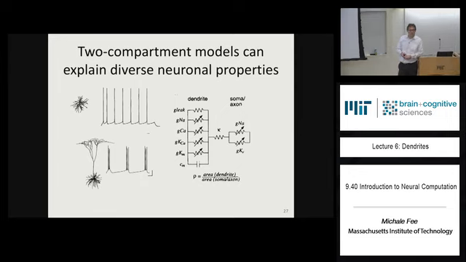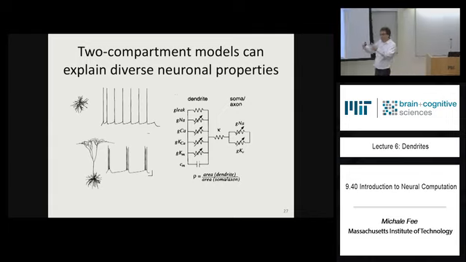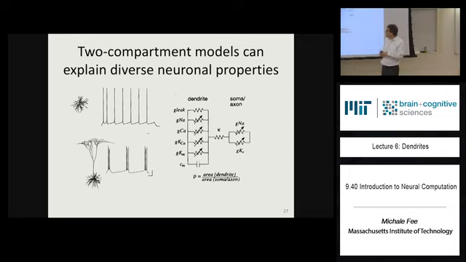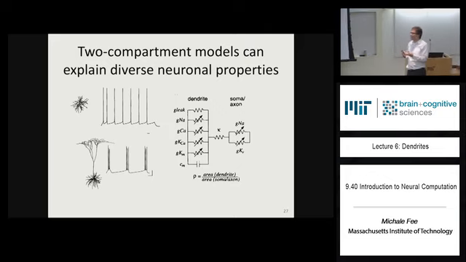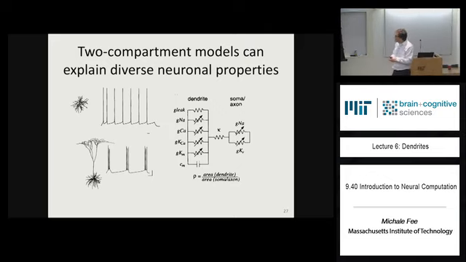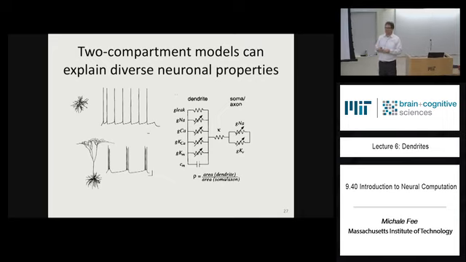Okay? And so you could imagine building a very complicated 1,000 compartment model to simulate this, but you wouldn't really understand much more about why it behaves that way. Whereas with a simple 2-compartment model, you can analyze it and really understand what the properties of a neuron are that give this kind of behavior as opposed to some other kind of behavior. Right?